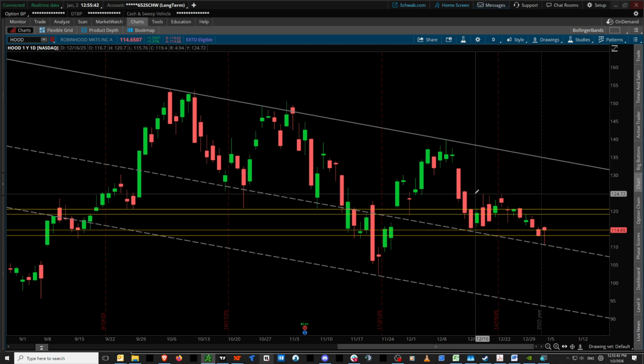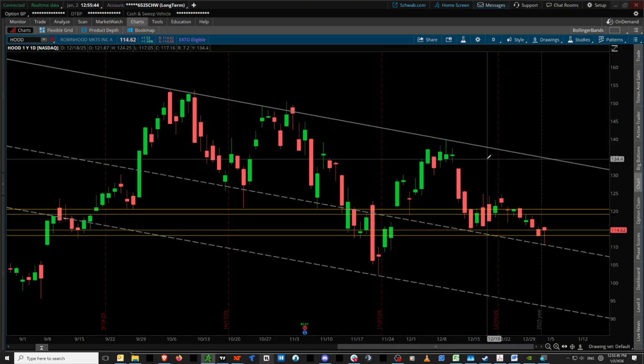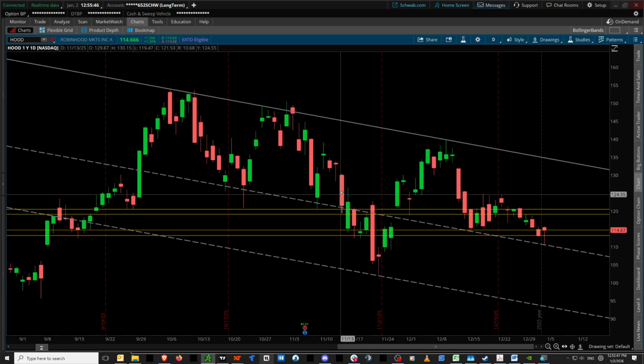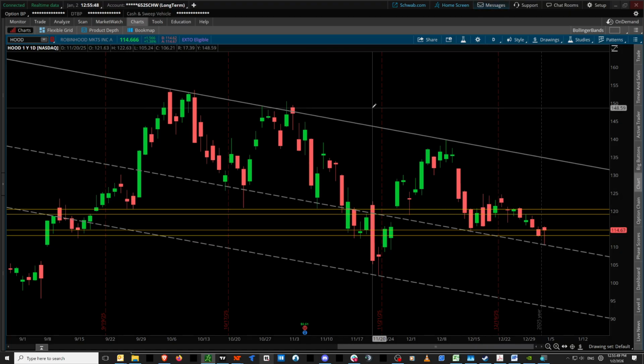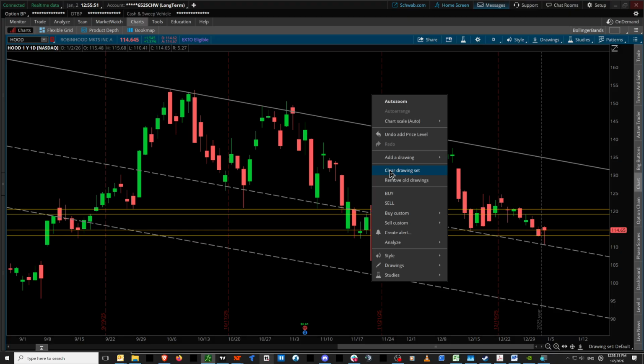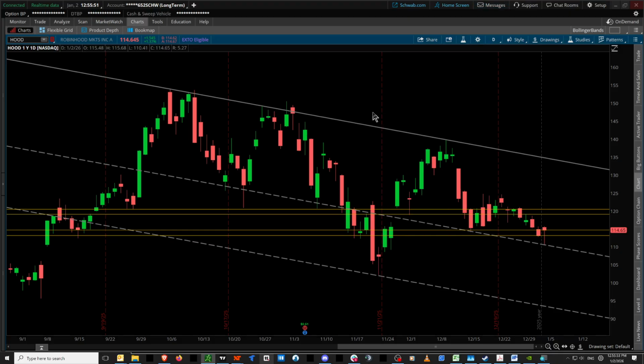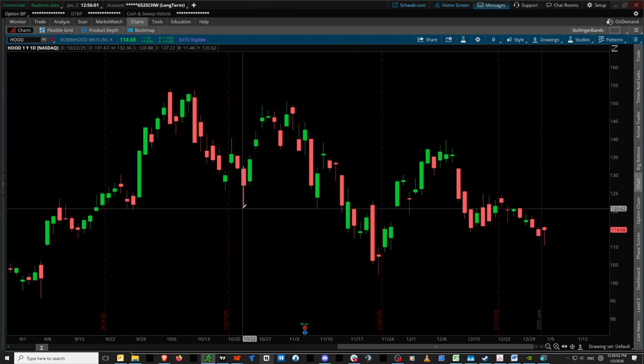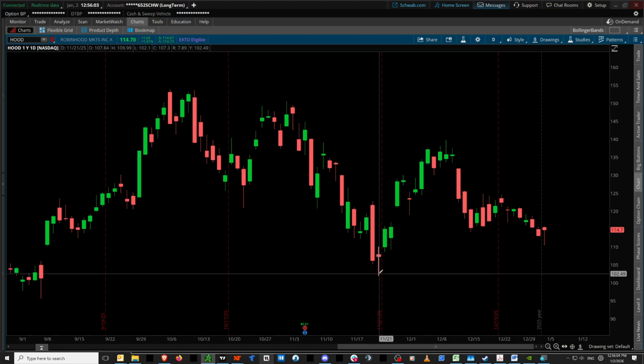Let's see. Last thing we'll talk about, broadening formations. This is longer-term kind of stuff, but it depends on the time frame you're on. But let's look at broadening formations. Here's a significant low. Here's a significant low.